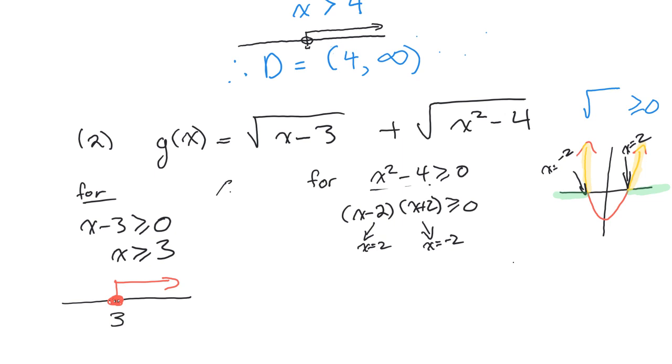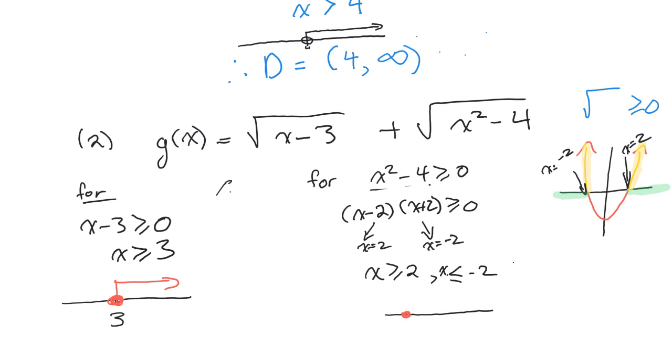So we've got, in this case, x is greater than or equal to 2, or x is less than or equal to negative 2. Now that we have that, I'm just going to draw my points on a number line.